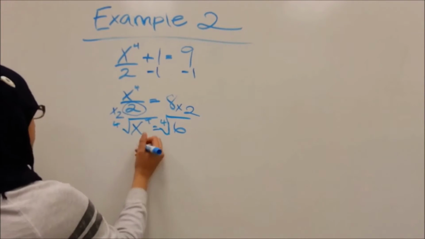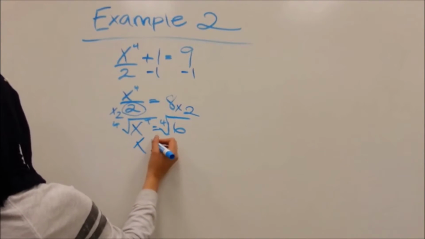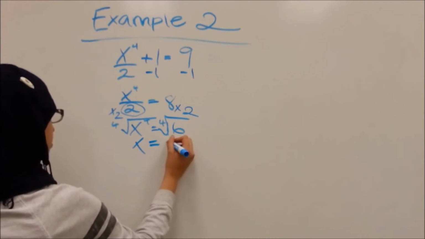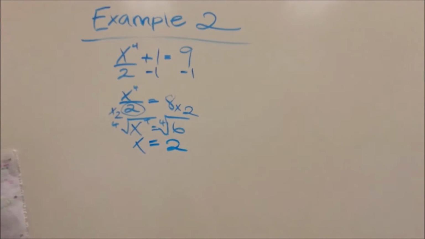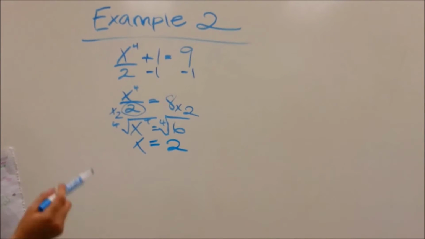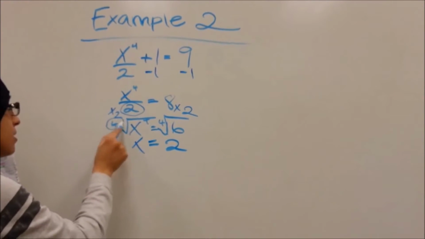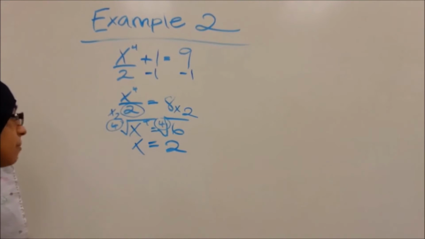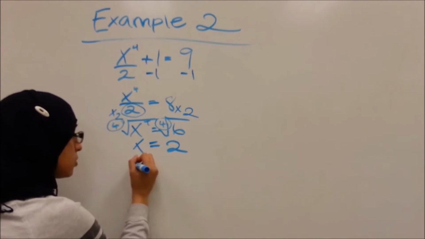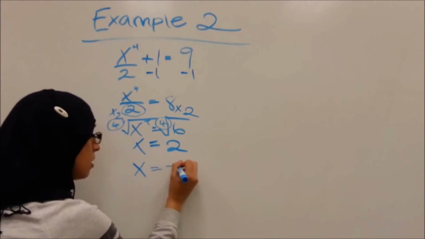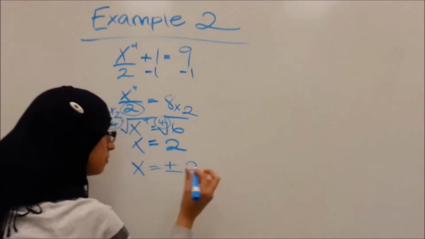That leaves us with x equals 2. However, you need to remember, because we're even rooting both sides right here, we have to add a plus or minus. So our actual answer is x equals plus or minus 2.